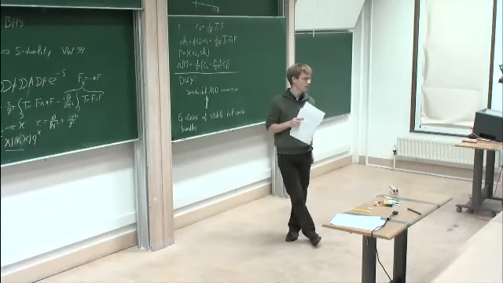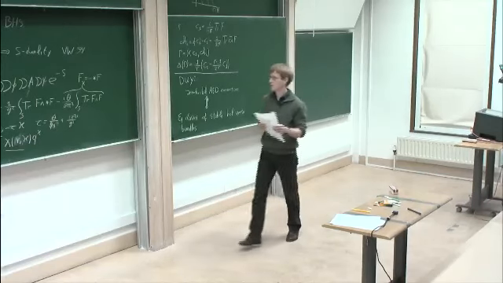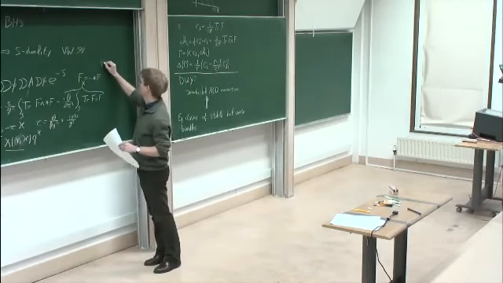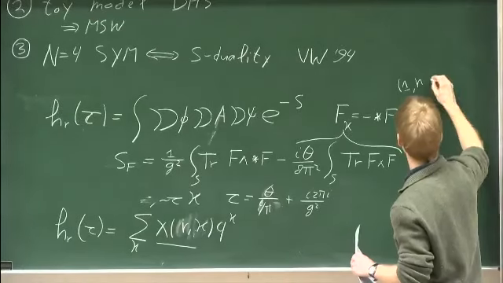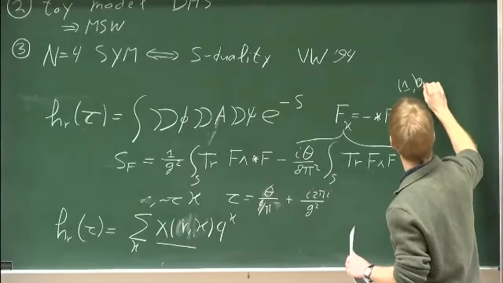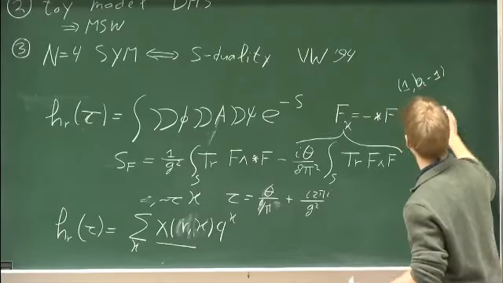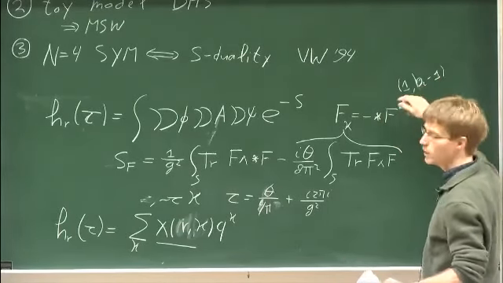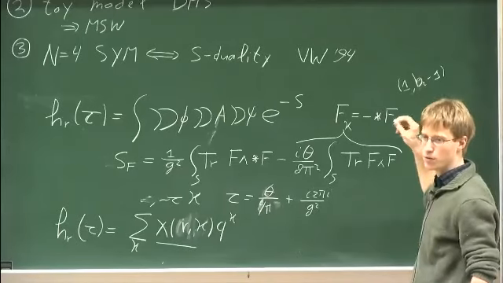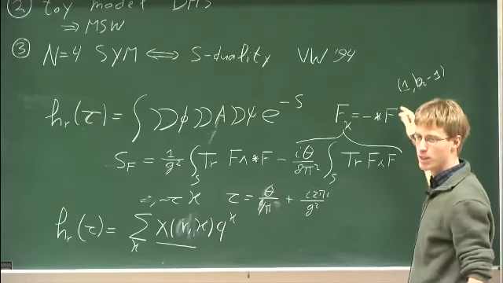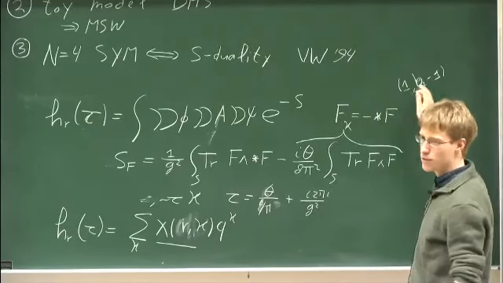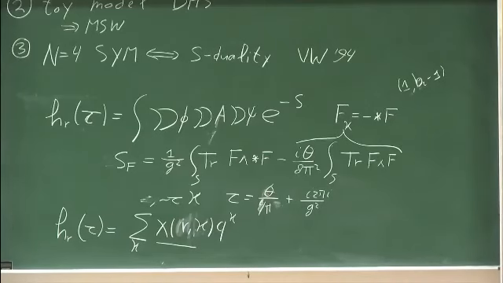It does not come from the signature. Yeah, the signature. You have a signature which is (1, b2 minus 1), and then you can have one self-dual form and the others are anti-self-dual forms. So for R4 it doesn't matter, but for these surfaces it matters whether you take self-dual or anti-self-dual.